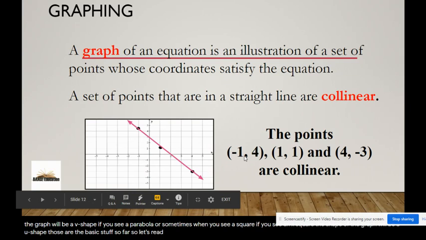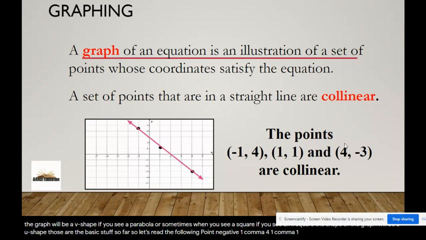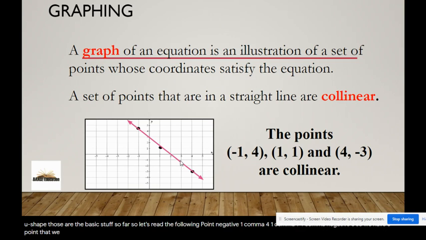So let's read the following points: (-1, 4), (1, 1), (4, -3). So we have 3 points that we can actually graph. So (-1, 4) should be on which quadrant?